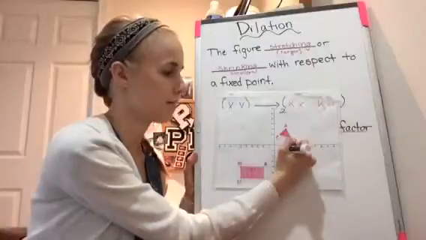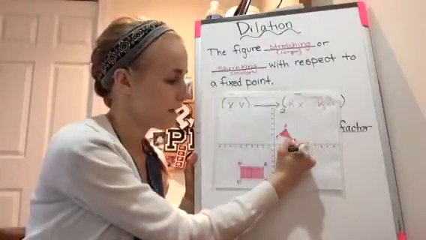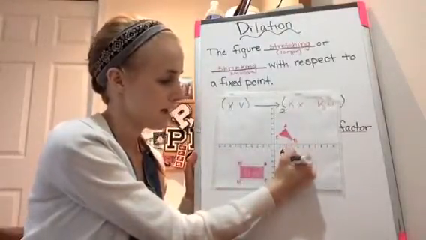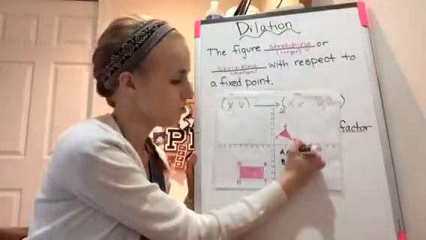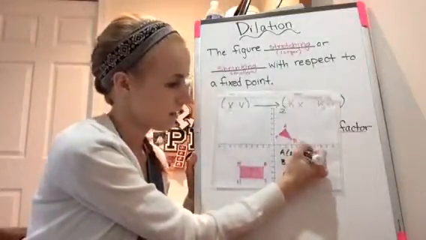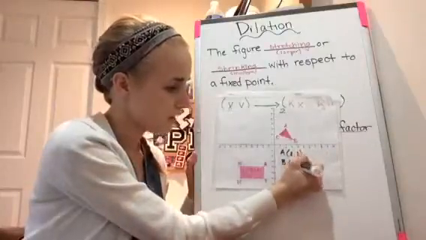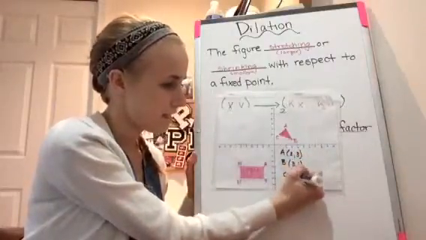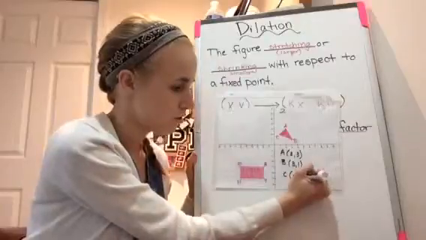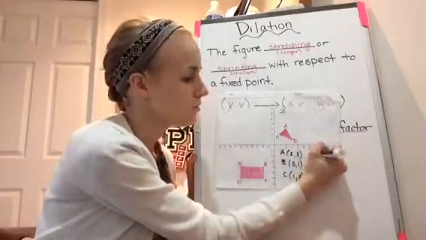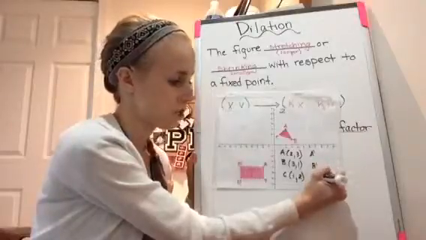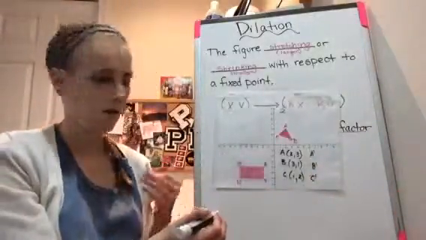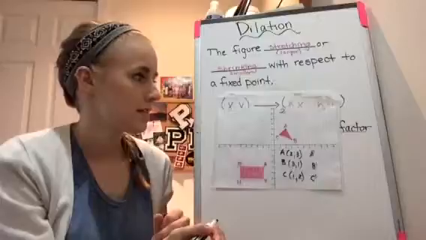So I'm going to just go ahead and write it down here. So we said A, B, and C. A was (2, 3). B was (3, 1). And C was at (1, 2). So when we do the prime, which is just the transformation, remember that's what it's called, we're going to adjust it by 2.